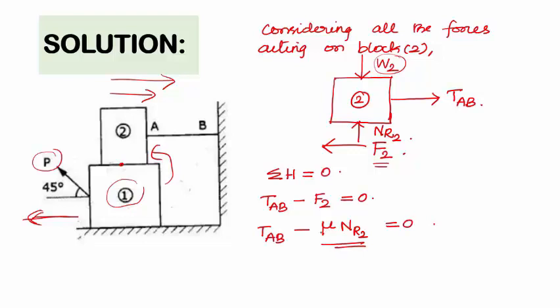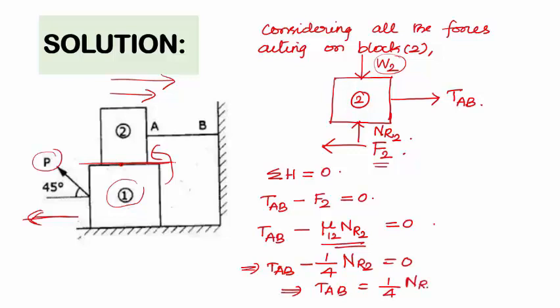We are considering the friction between blocks 1 and 2. In between blocks 1 and 2, the coefficient of friction mu is given in the problem as 1/4. So TAB minus 1/4 into NR2 is equal to 0. So TAB is equal to 1/4 into NR2. We can keep this as equation 1.